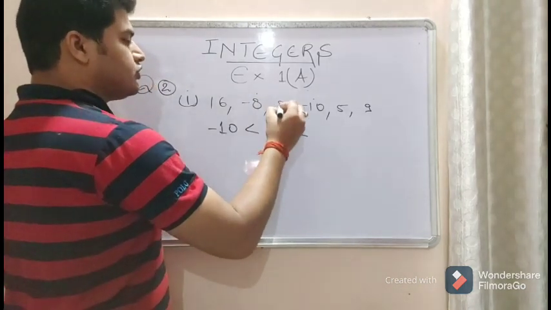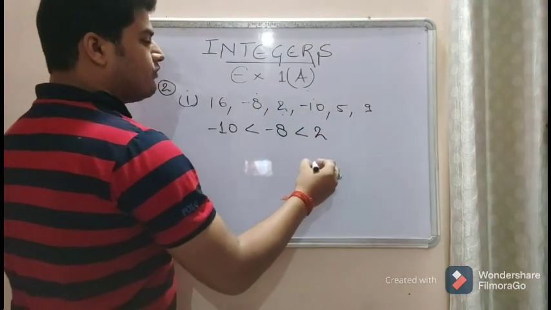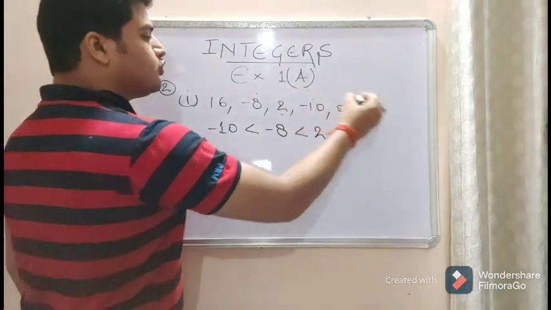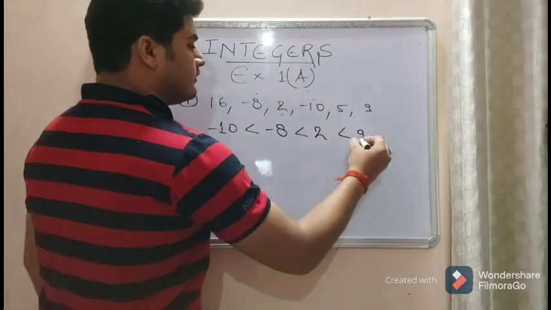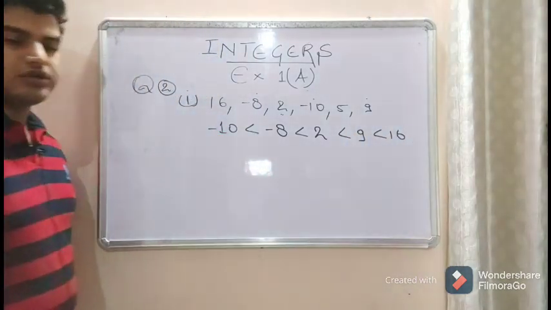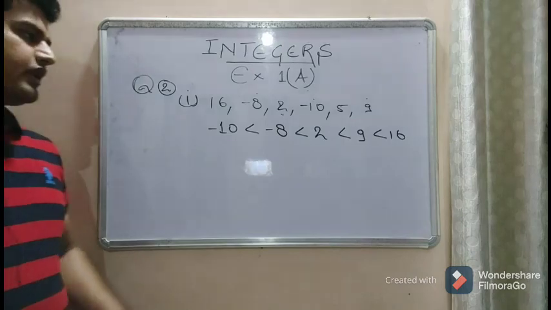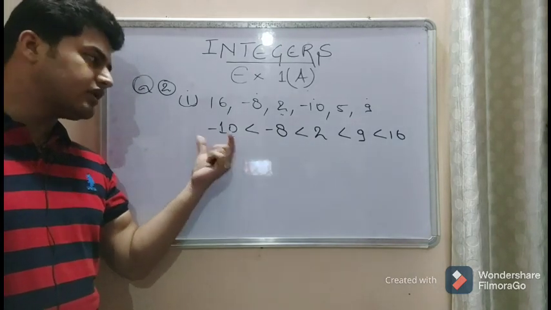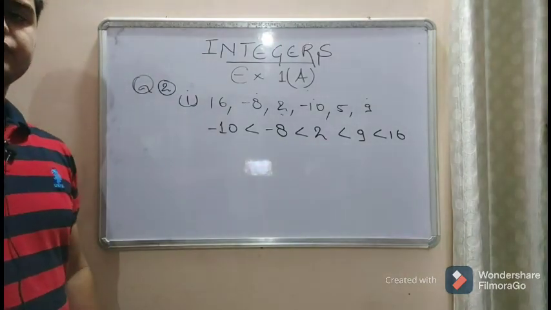After minus 8, 2 will come. Now we are entering the positive side. After 2, 5 will come, and after 5, 9, and after 9, 16 will come. So this is going to be the order. On the negative side, the bigger the number, the smaller the value.